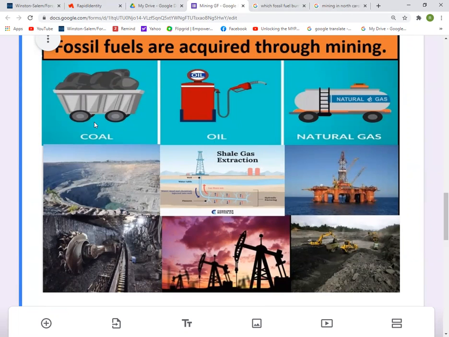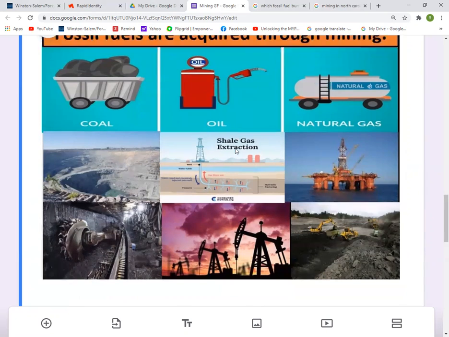Take note that coal is considered as the most polluting, while natural gas is the cleanest. Oil or crude oil is where we get gasoline and diesel. Of course, nowadays we have added an alternative fuel to the gasoline, which is ethanol. Ethanol is from plants, and this is a renewable resource because ethanol is derived from plants.